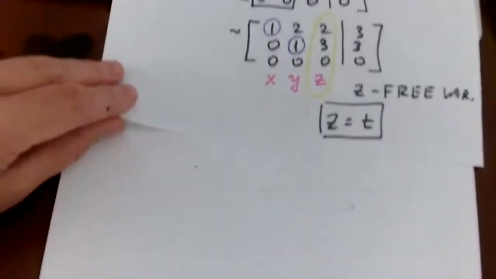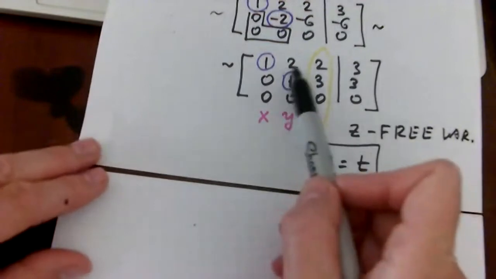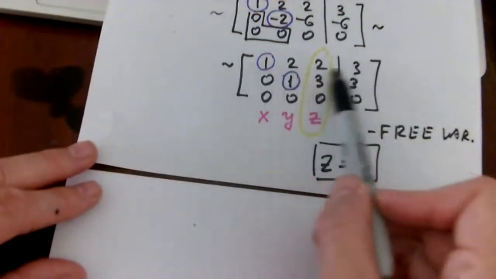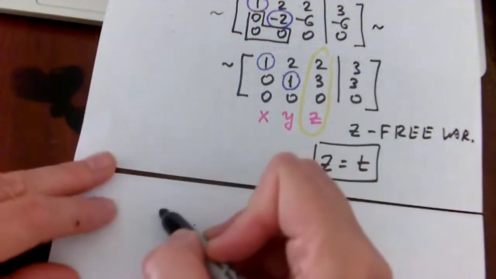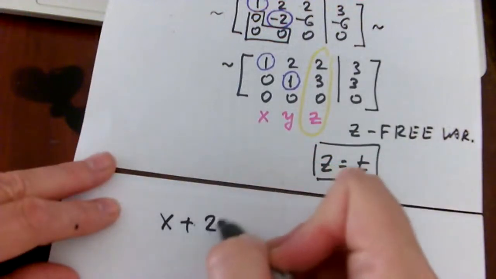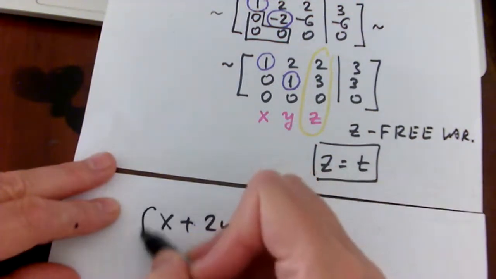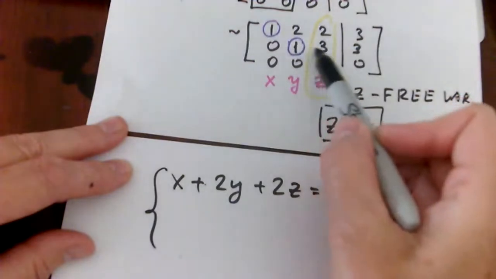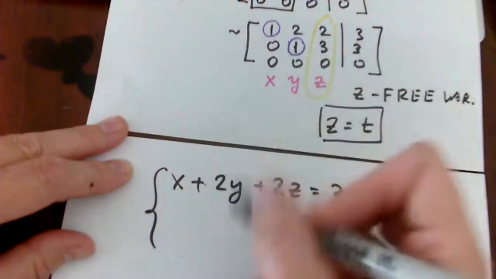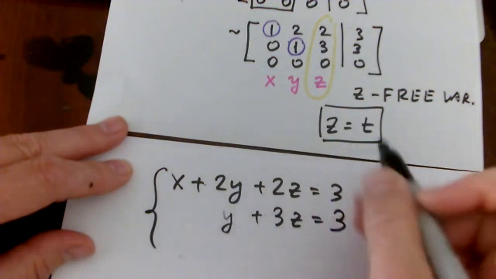Okay, so what next? Now it's time to get back to the system of linear equations. As we noticed before, every row in this matrix corresponds to every equation. The first row hasn't changed, so it will be the same equation: x plus 2y plus 2z is equal to 3. But as for the second equation, you can see that it's changed a lot. So it will be y plus 3z is equal to 3.